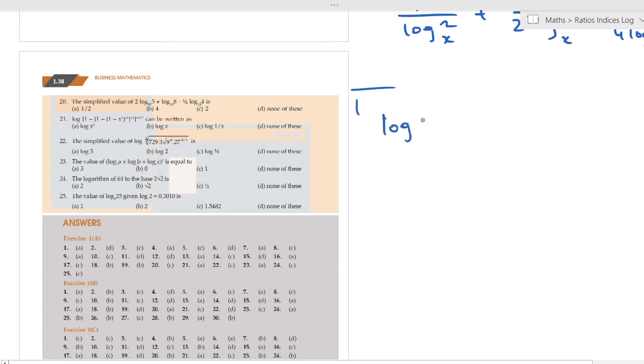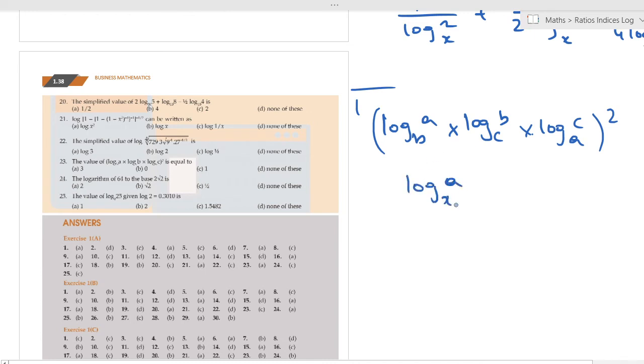Guys, log a to the base b into log b to the base c into log c to the base a, whole square. As I said earlier, we can change the base if we want. So let us change every base to x.